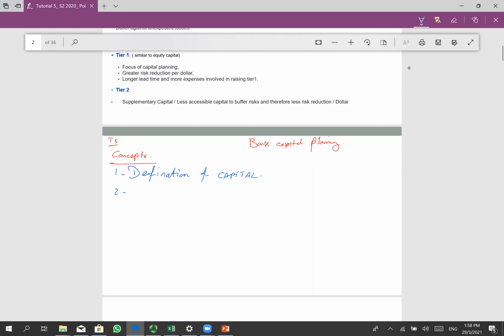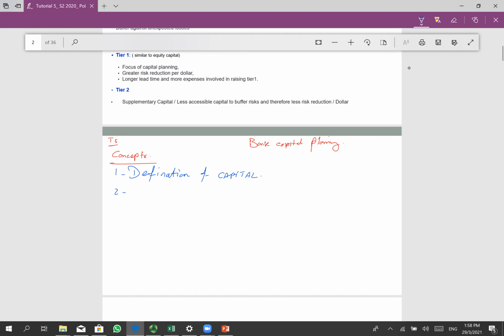The definition of capital in corporates is just equity, and the function of capital when we have a business company is what we call to buy assets.